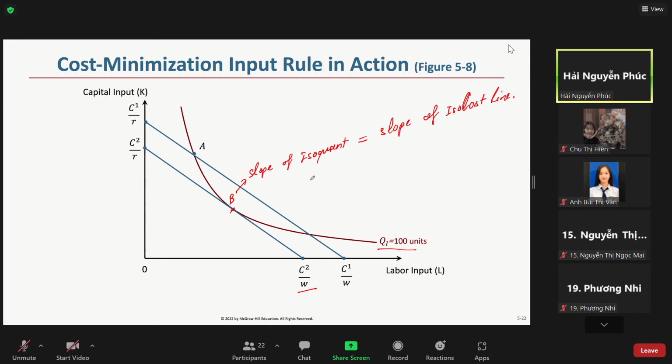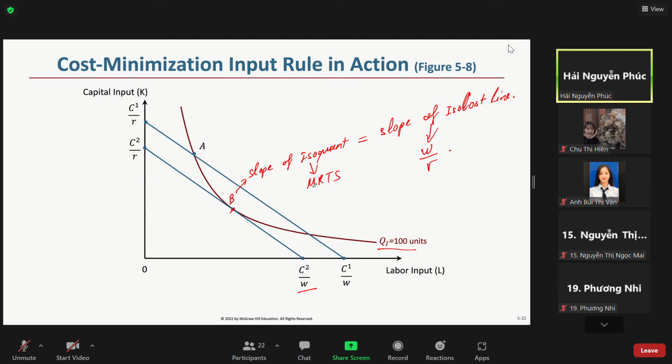And we know that the slope of the isoquant is the marginal rate of technical substitution, MRTS, and the slope of the isocost line is W divided by R. Okay, so the rule is simple.